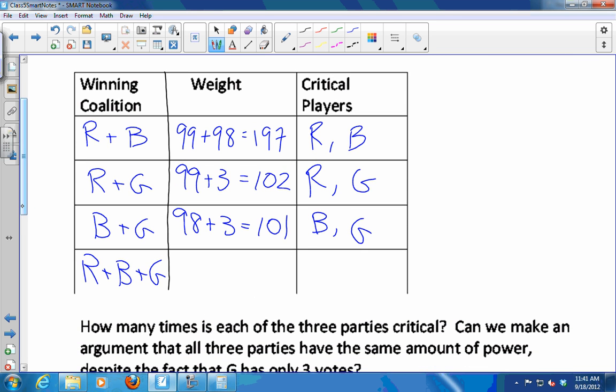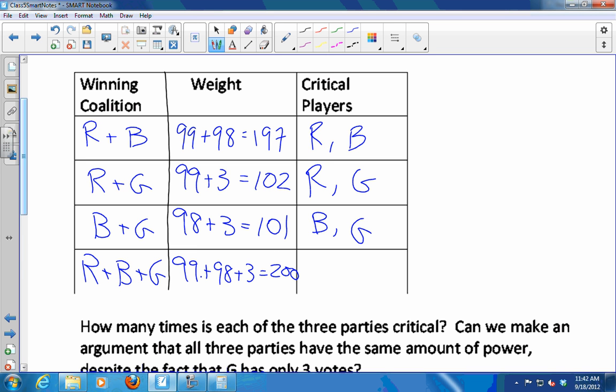Now with all 3, I have 99 plus 98 plus 3, 200 total votes. Who's critical? If red walks away, if red says, I'm through with you guys, I'm not part of this team anymore, can blue and green still pass a motion? Yep, then red is not critical.